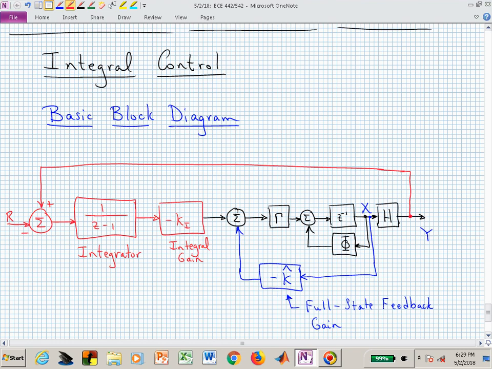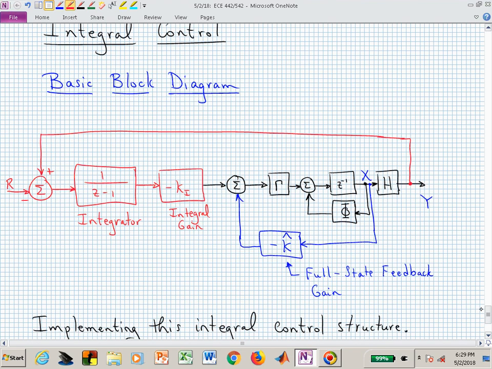We're trying to change the dynamics with K hat, and we'll also influence the dynamics with the integral gain K sub I. We have 2 different sets of gains in this system: the integral gain and the full state feedback gain. We want to figure out how to design K hat and K sub I. How might we do that?